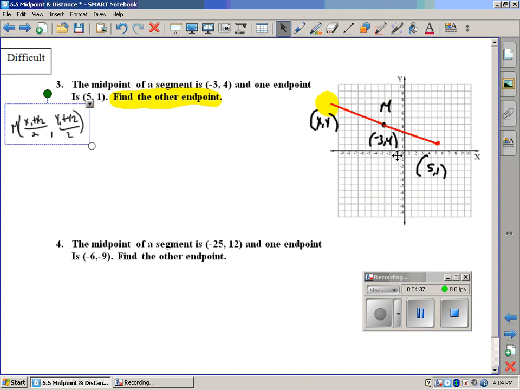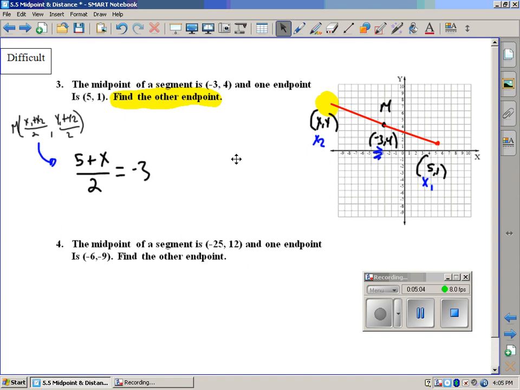So let's look at that over here. This is our x sub 1, this is our x sub 2, and this is our midpoint value. So if I follow this formula, it would say the x sub 1 plus the x sub 2, which I don't know, when divided by 2, should give me which value? That one, negative 3.